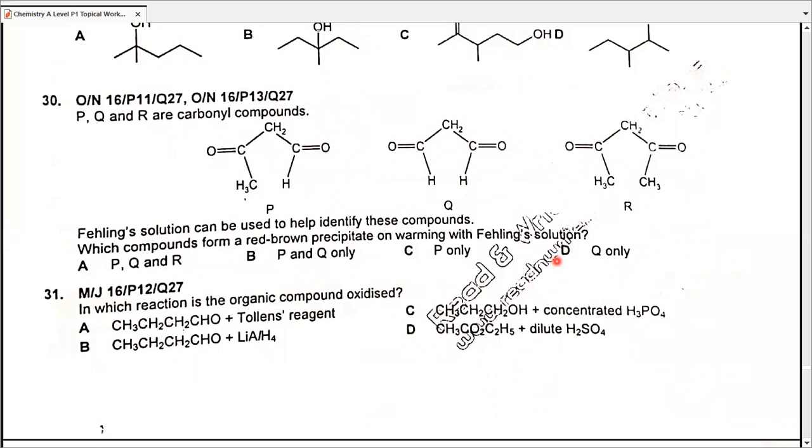Beta. Good. And I've seen students falling for the trap of delta and considering Q to be the only product giving a positive reaction. Moving on with 31.